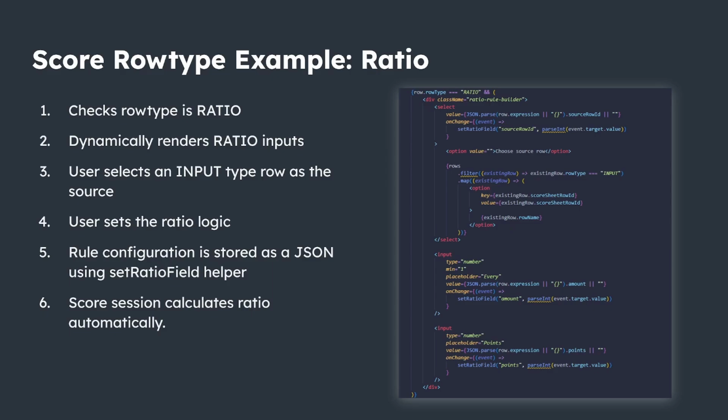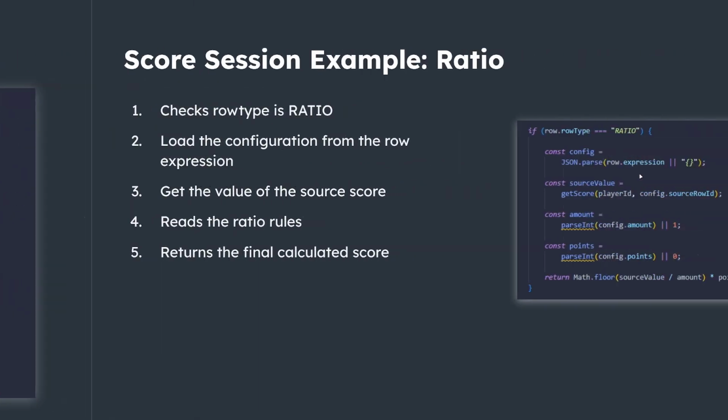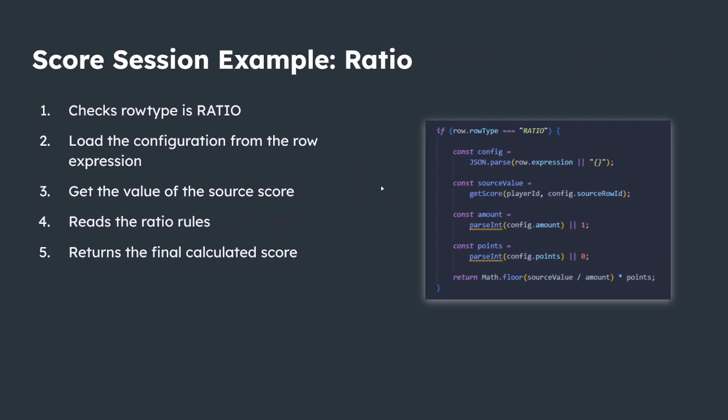And then the other two input fields there are going to be just numbers. One is for the amount from that row, and one is for the points that that amount is worth. And then this is all saved as a JSON and sent back. And so when we get to the scoring session, we're going to check the row type again.